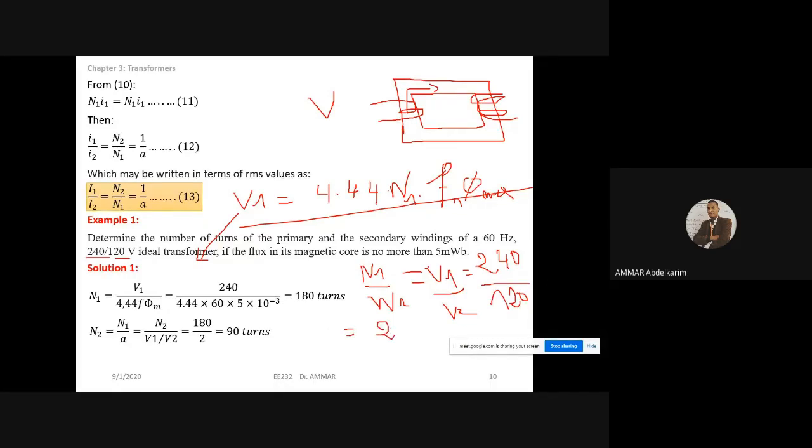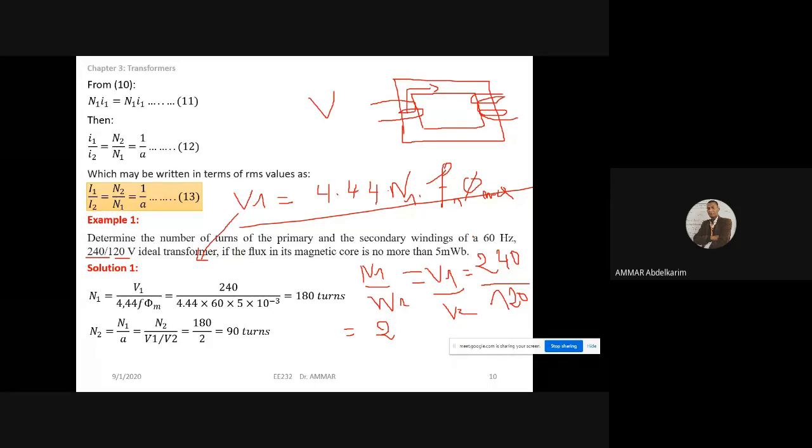Be careful, this expression is for the ideal transformer, not for the real transformer. It can be valid for the real transformer in one case, the no load case. If the real transformer is not connected to the load, there is no resistance and the current is almost zero.